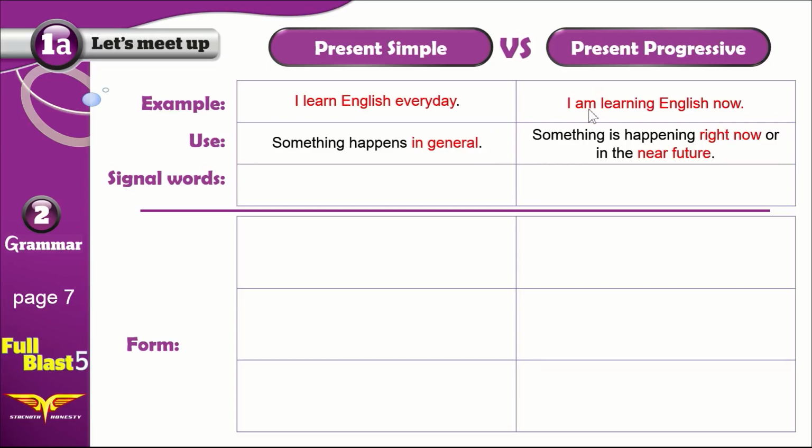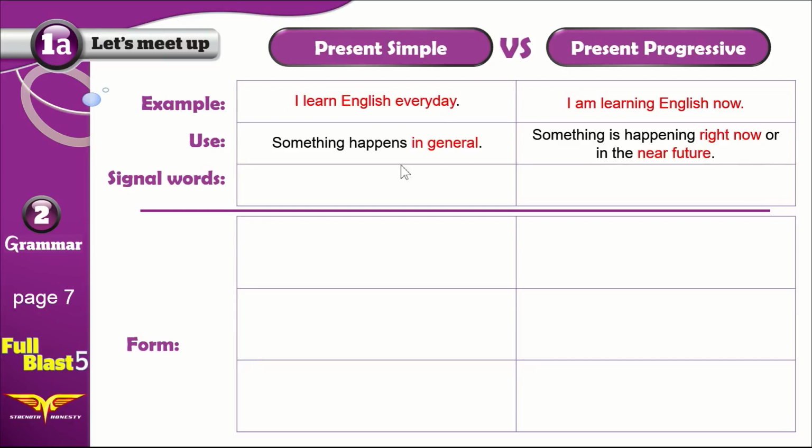If you are going to visit her right now, you are moving, you can say, I am visiting my grandmother now, or I am going to visit my grandmother. If it will happen in the near future, let's say tomorrow you are visiting your grandmother, so you can say, I am visiting my grandmother tomorrow.